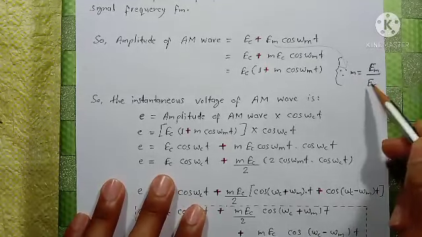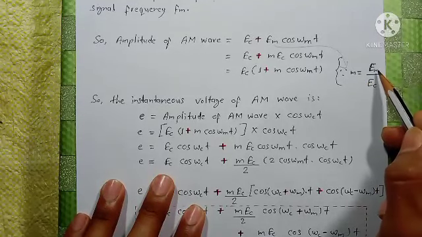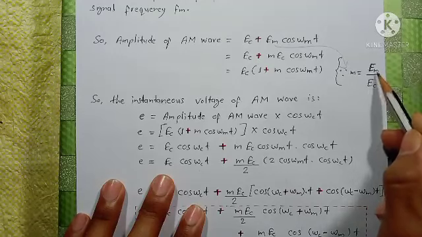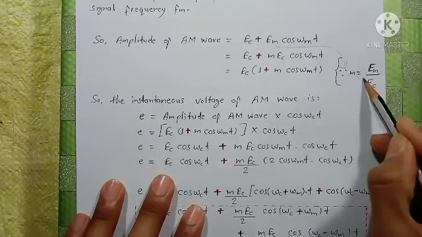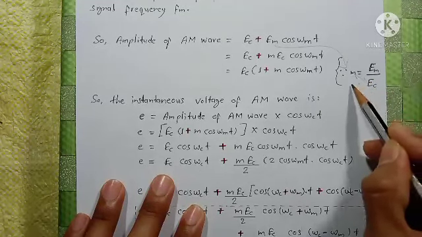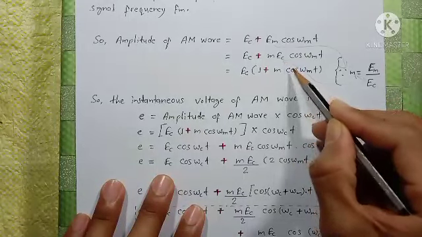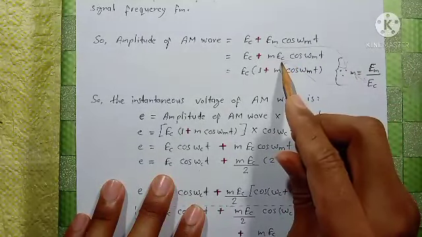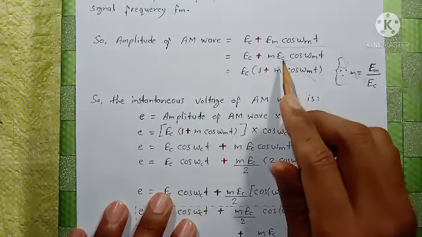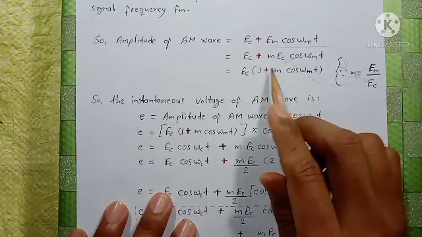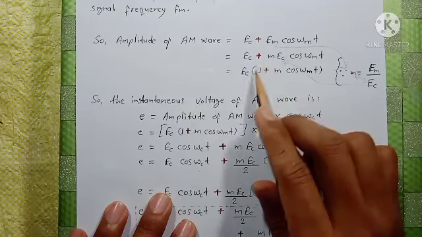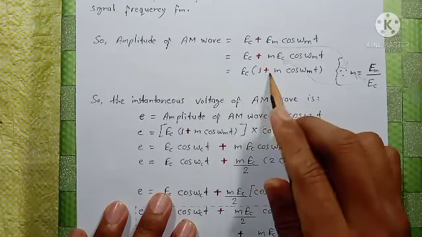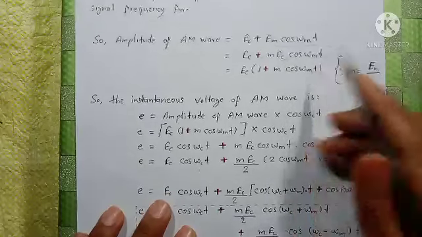So from this formula, we get the value of Em is equal to m into Ec. And in the third step, we take the common factor Ec out, and we write Ec in brackets 1 plus m cos omega m t.